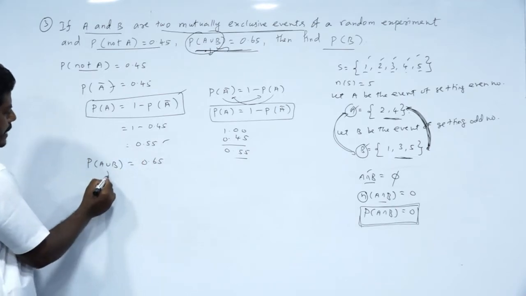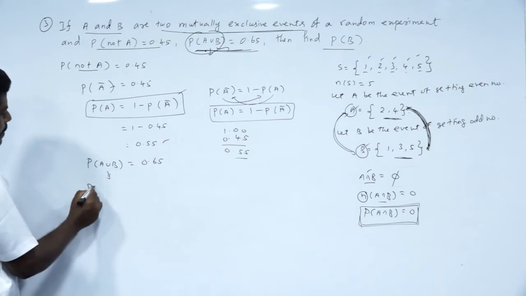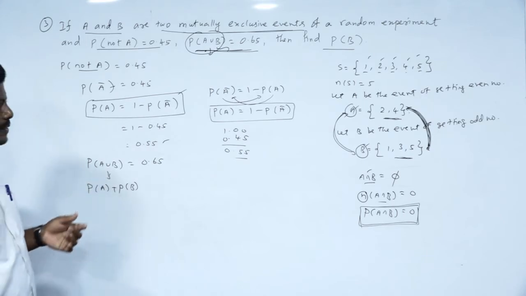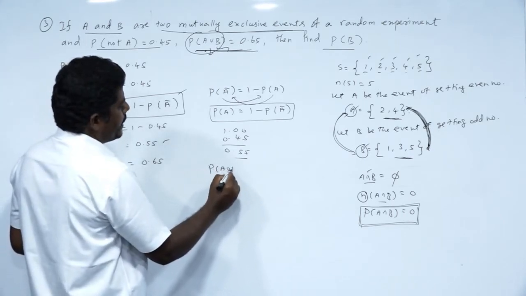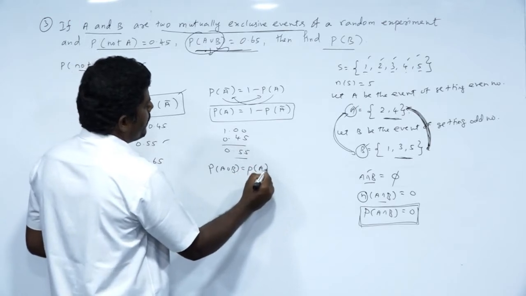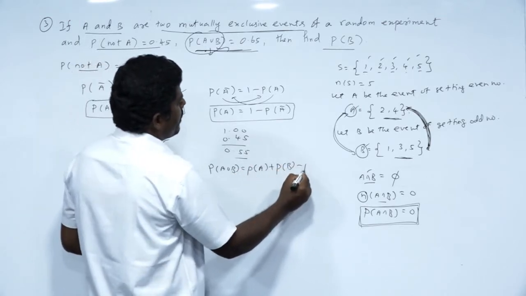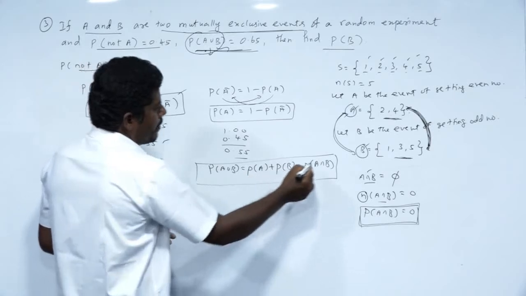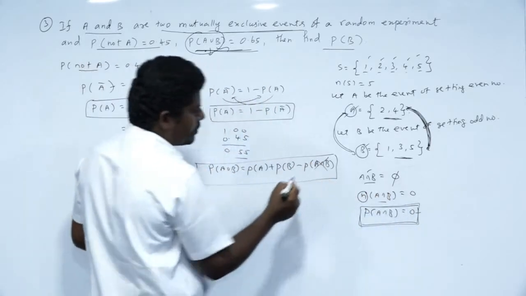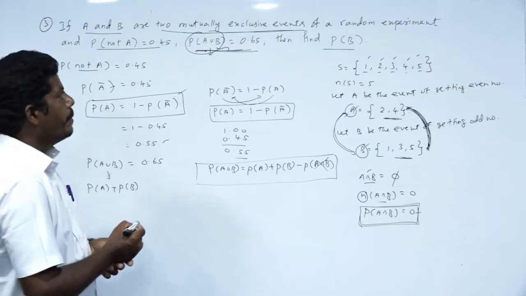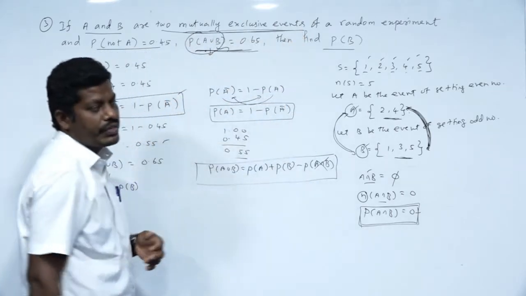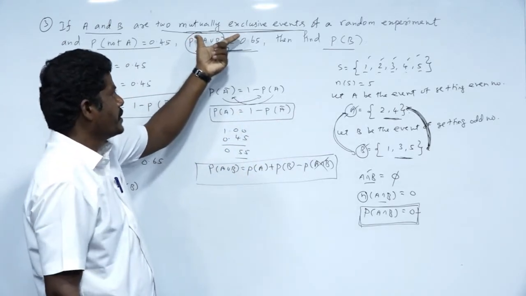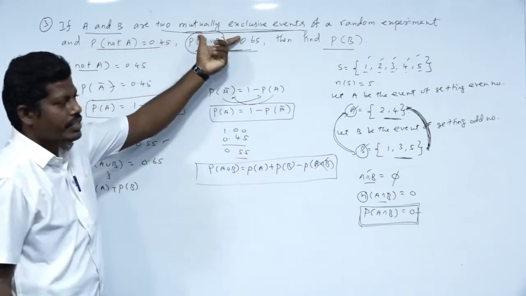Now we know that probability of A union B is equal to probability of A plus probability of B minus probability of A intersection B. Here, probability of A intersection B is 0, because A and B are mutually exclusive events, as given in the question.